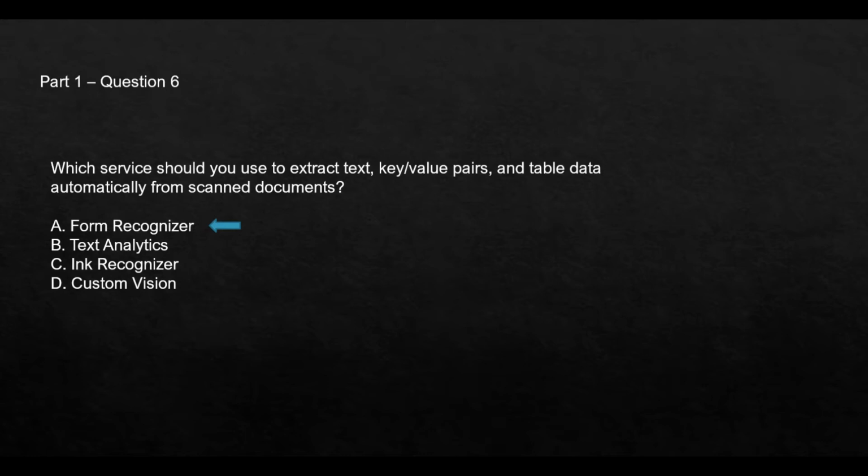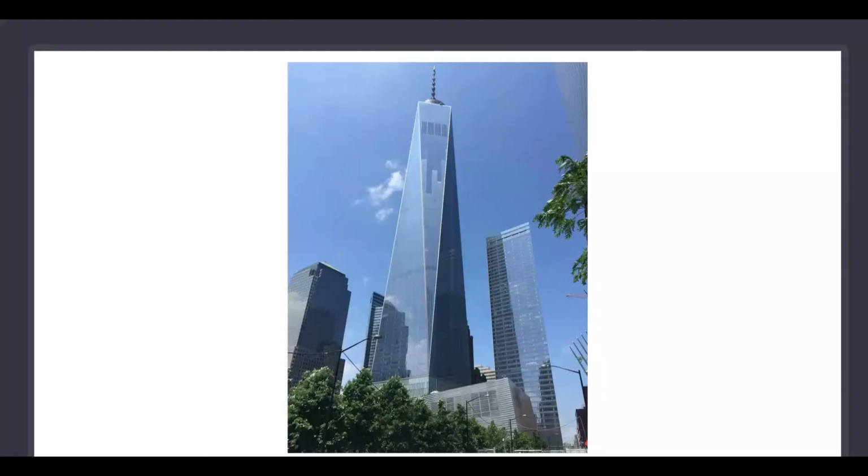Now let's look at Custom Vision. Custom Vision is basically computer vision. You show some images, you train the model, and then that model is deployed so that it can work on other images as well. Let's look at an example. This is the World Trade Center in New York. I would train a Custom Vision model to identify this image as the World Trade Center.